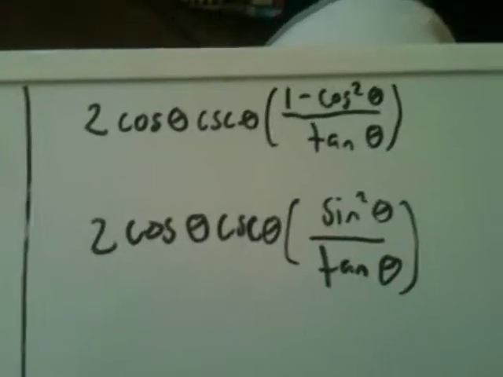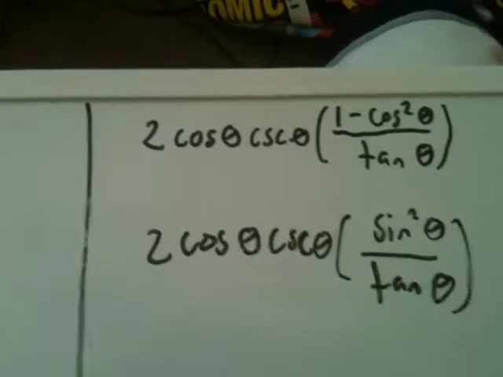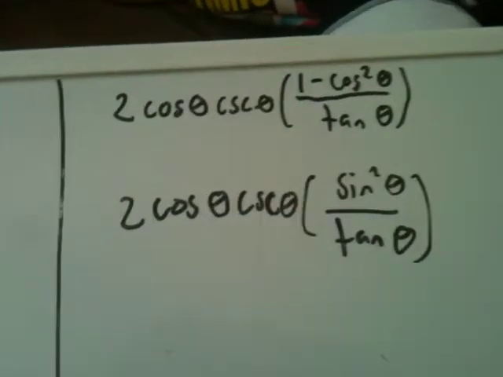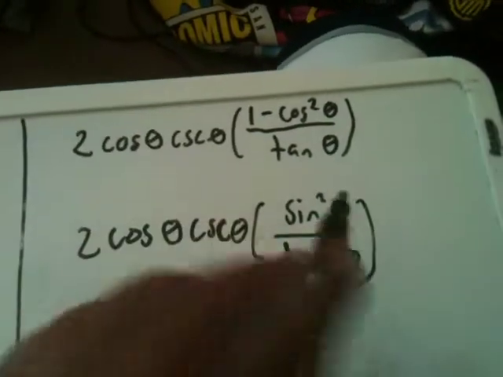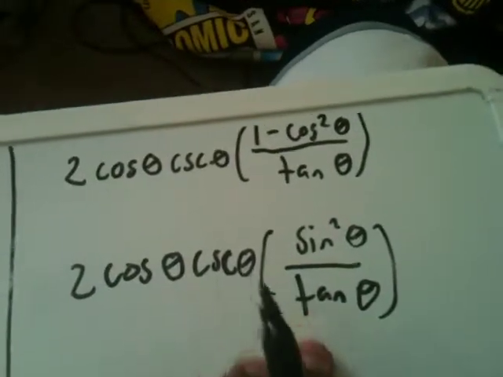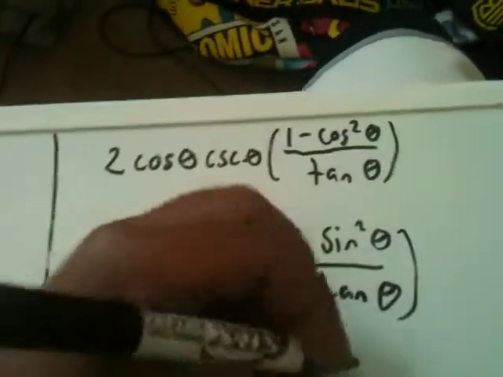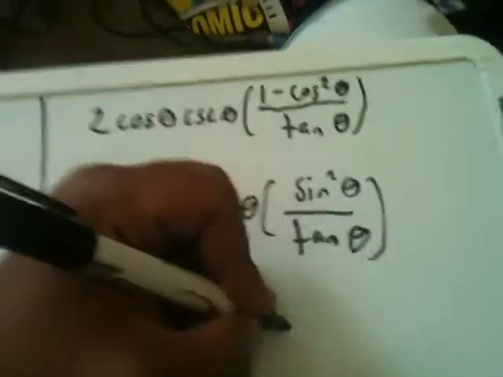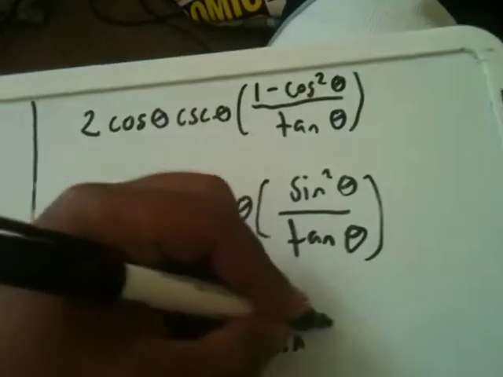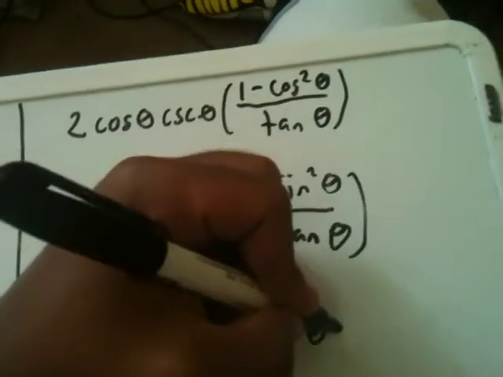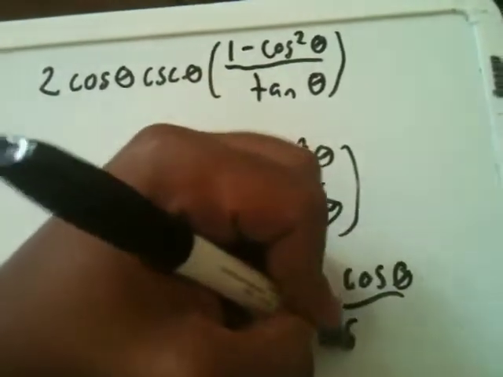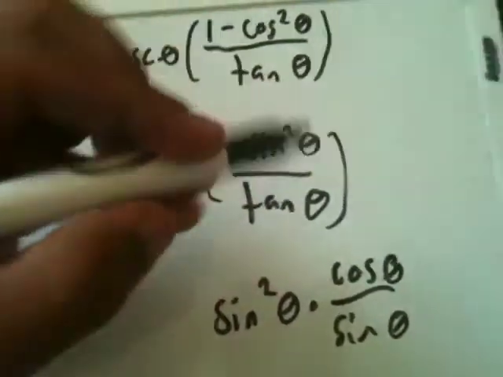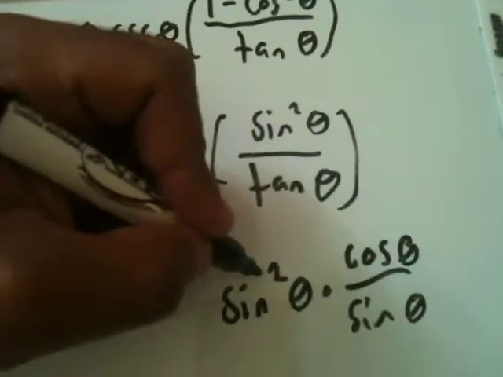And now the next thing you want to do is ask, is there anything else I can do? Well, you can put this as a multiplication. That becomes sine squared times 1 over tangent, which is sine squared times cotangent. And I'm just going to speed it up a little here. Sine squared of theta times the cotangent, which is the cosine of theta over the sine. You see that we have sines that cancel here.